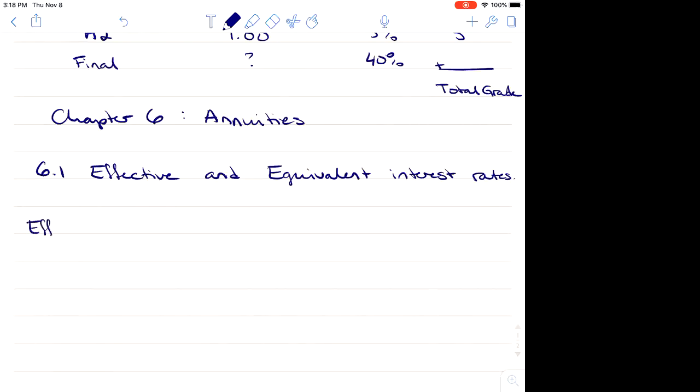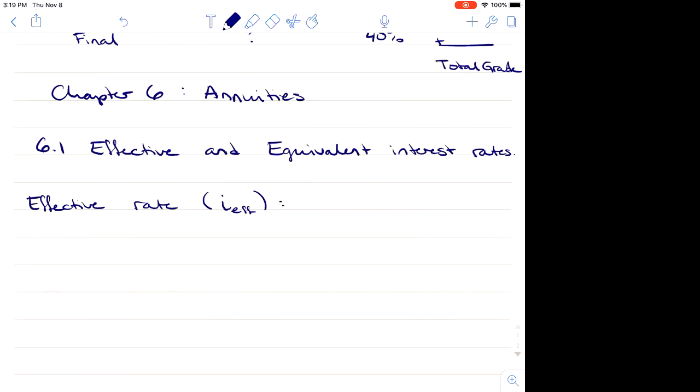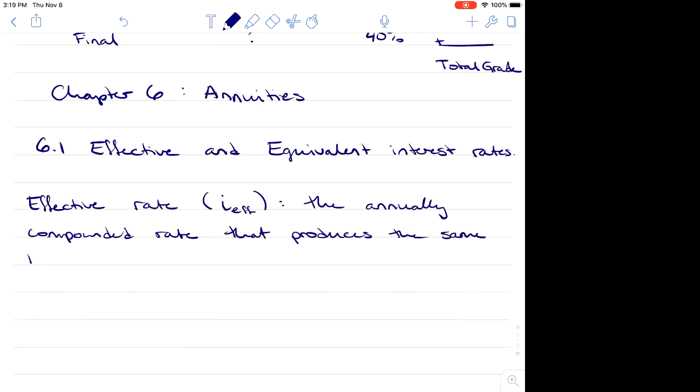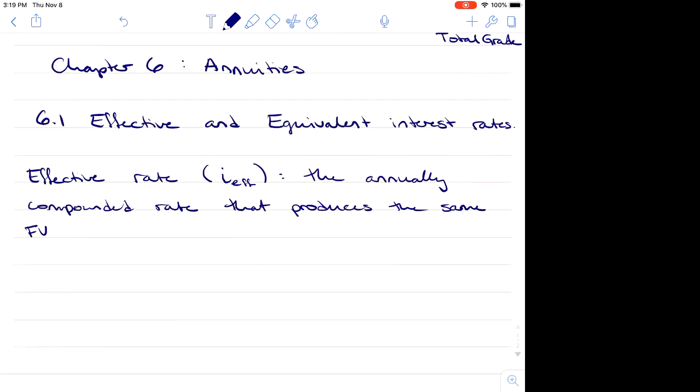So the effective rate, which we denote I subscript F, is the annually compounded rate that produces the same future value as the given nominal rate.